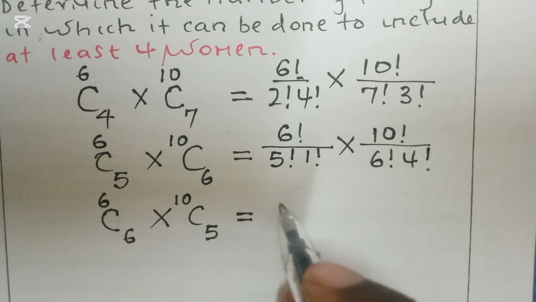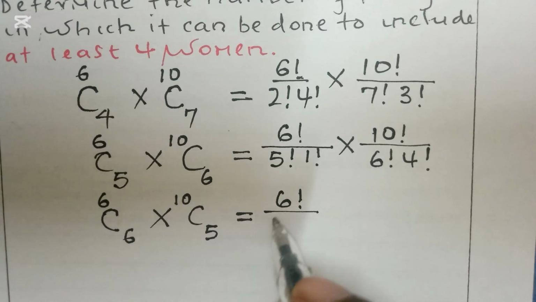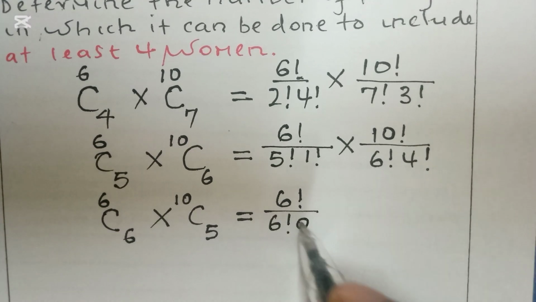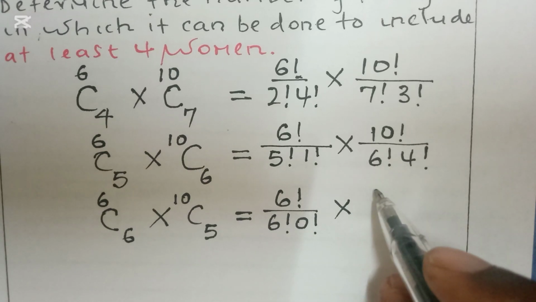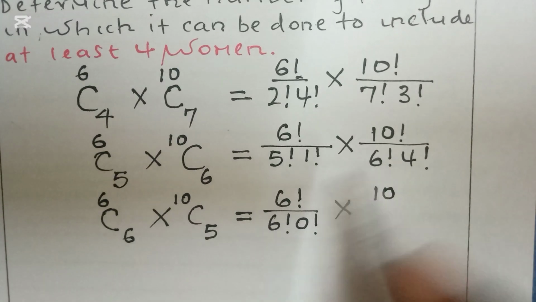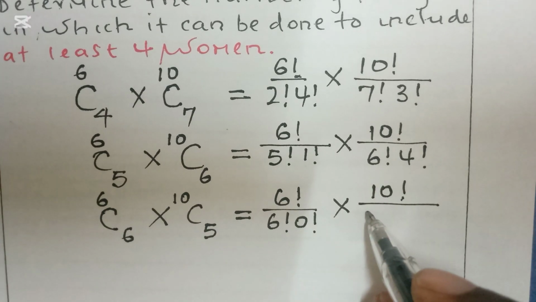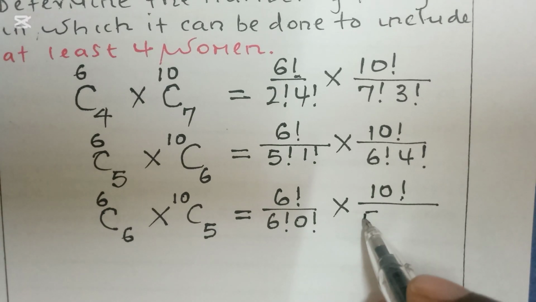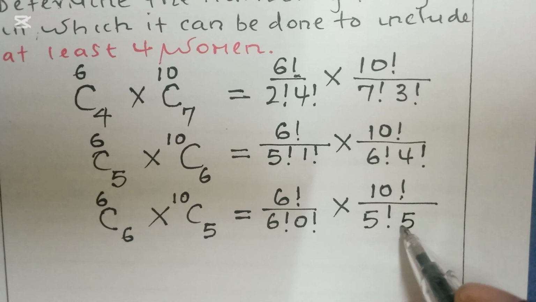For this one, you're going to have 6 factorial all over 6 factorial, 0 factorial, times 10 factorial all over 5 factorial, 10 minus 5 is yet again 5 factorial.